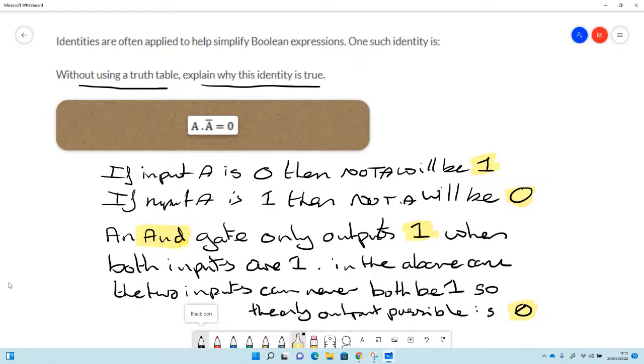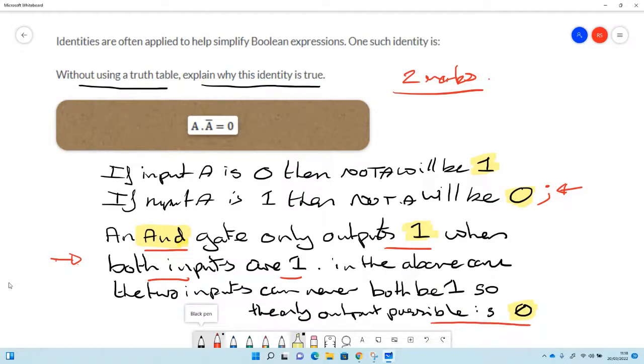So try not to shorten your answer too much in something like this, because remember, it's a 2-mark question, and so essentially our first mark is for this. So here's our first mark there, and our second mark is for this statement or something like it that mentions the AND gate and says how it only outputs 1 when both inputs are 1, and the only possible output therefore is 0. So this is how we've got our 2 marks.